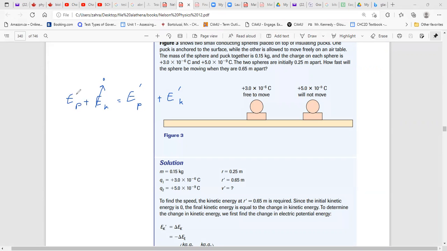That's going to be the potential, which is k q1 q2 over R, and here is k q1 q2 over R. So these R1 and R2, here is R prime. And here is half mv².